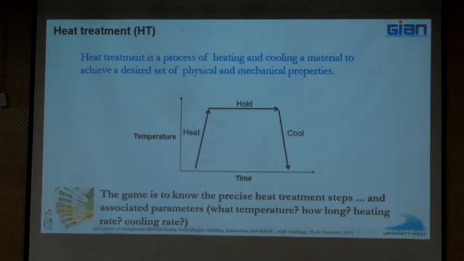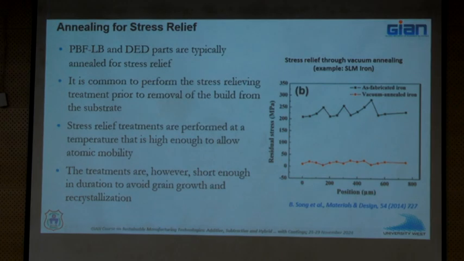So the real money is in knowing how to heat treat, right? It could involve various things. At what rate do you heat it up? At what temperature do you hold, and for how long, and at what rate you cool down. All of them are important depending upon material, right? And therefore, it is crucial that you understand for your material system what it should look like, right?